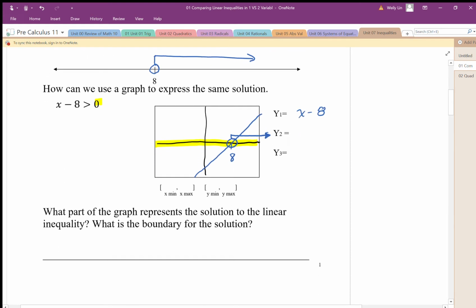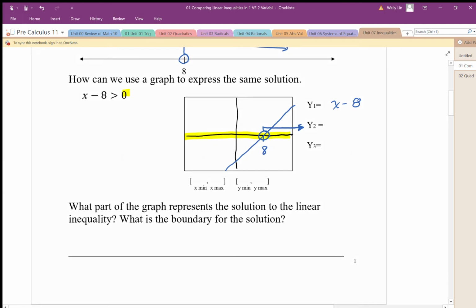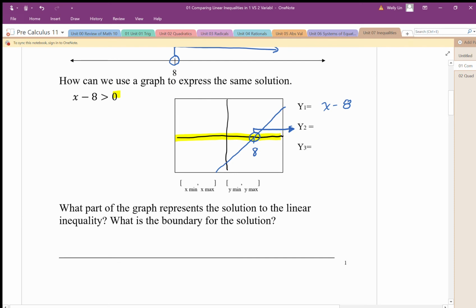The part of the graph that represents the solution to the linear inequality is going to be the part above the x-axis. This part here above the x-axis is the part that represents the solution part of this line, and we express the solution along the number line.